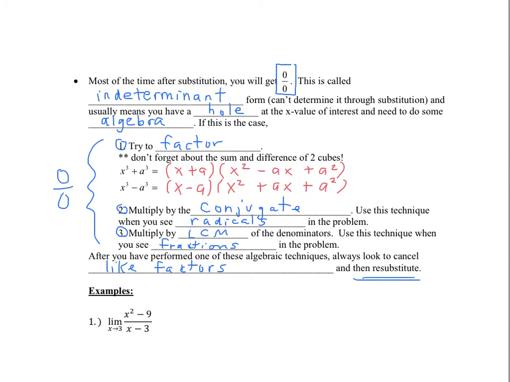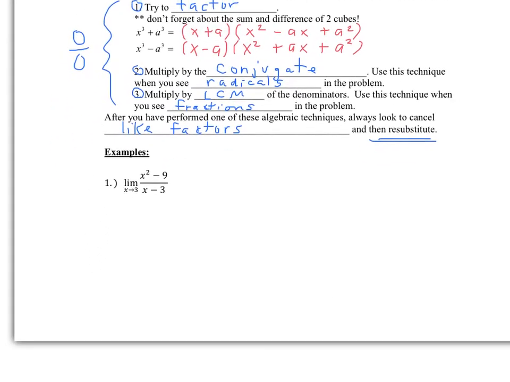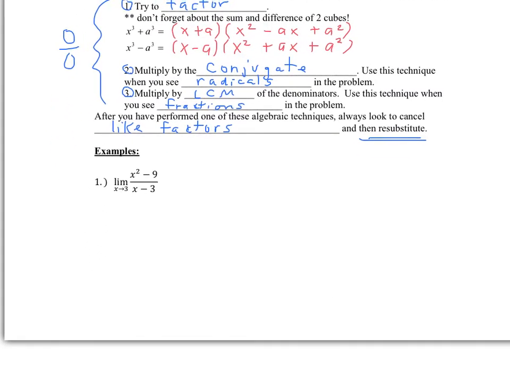So, let's look at an example here. Our first one, we have a function, and x is approaching 3. If we were to do our direct substitution right away, notice you're going to get 0 over 0. So, if we look at this numerator, x squared minus 9 can easily be factored into x plus 3 times x minus 3.